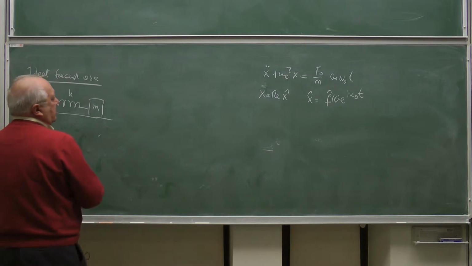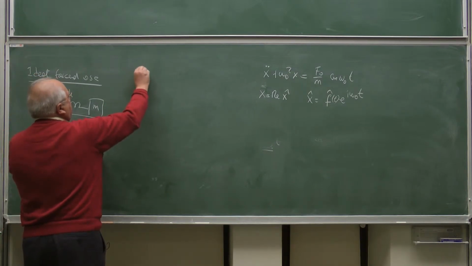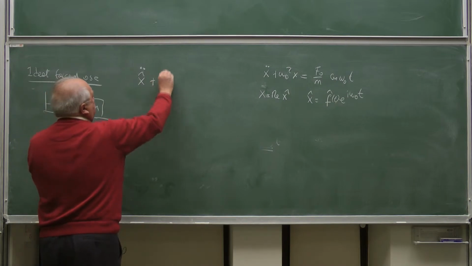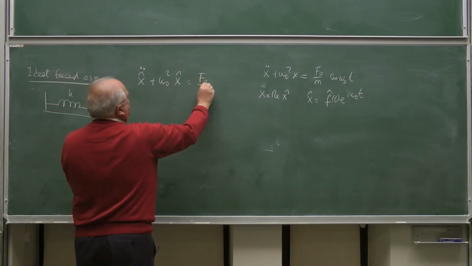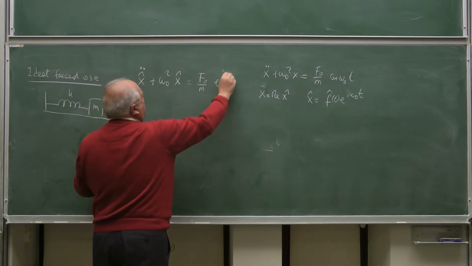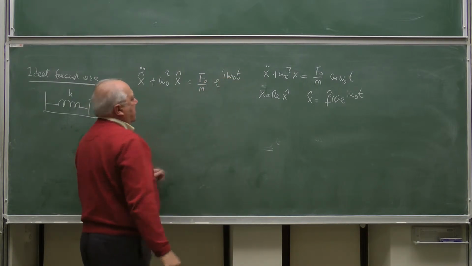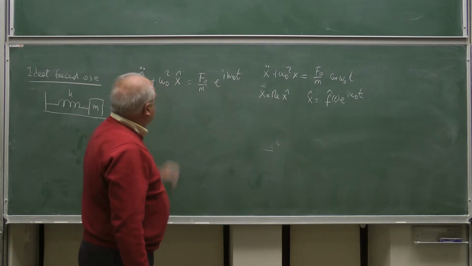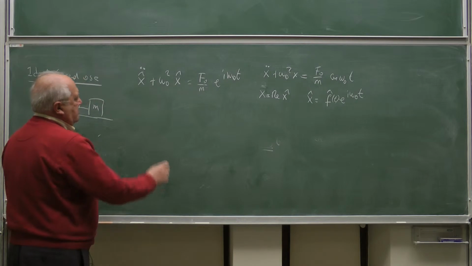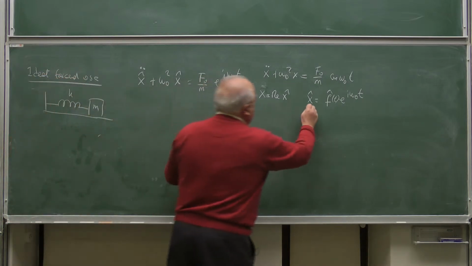So we will have x double dot plus omega 0 square x equal to f0 over m e to the i omega 0 t, and the real force is the real part of that. And x is this.